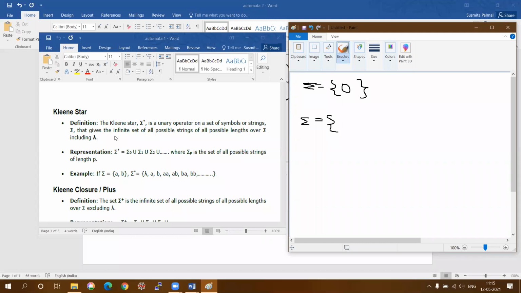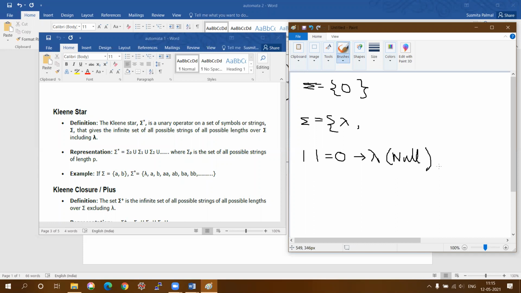Lambda means the null, that means it is not containing anything. So the length of the empty string is 0, which is called lambda, which is considered as null.